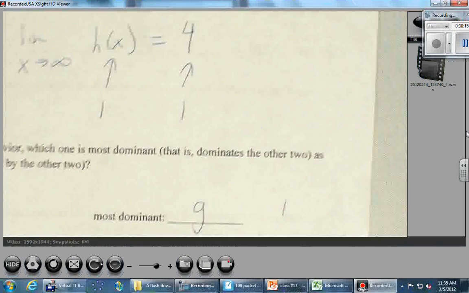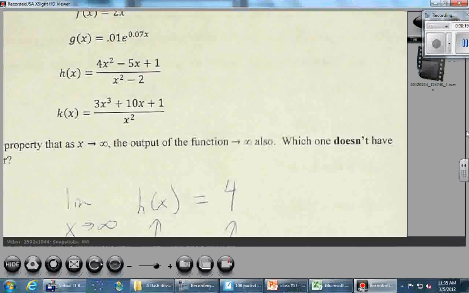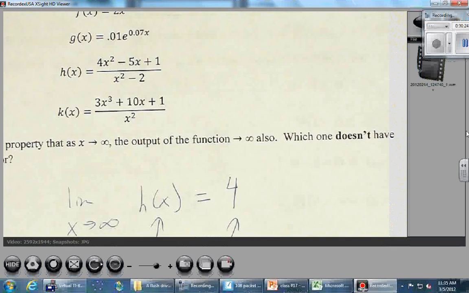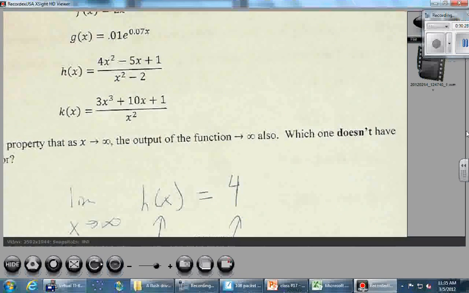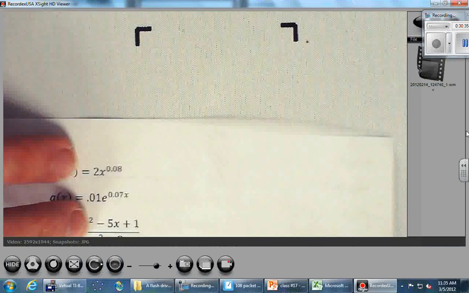So one of these functions didn't go to infinity, and I think it was the h1. Because what does the h1 go to? Goes to just 4, because top and bottom are the same power. So that one goes to 4. And then most dominant and least dominant.